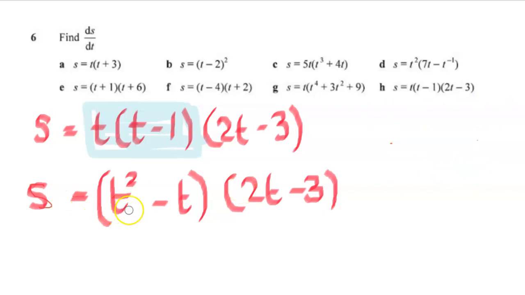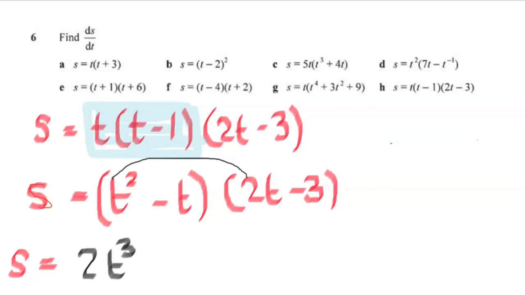Now you need to multiply these things with here as well. To do that, we use the FOIL method. So we multiply this times that, and I still have an s here. The answer here is 2t squared times t, which is 2t cubed.